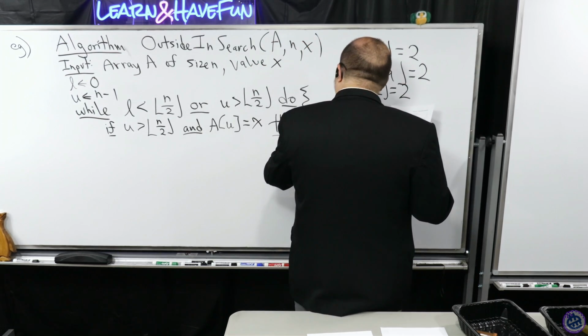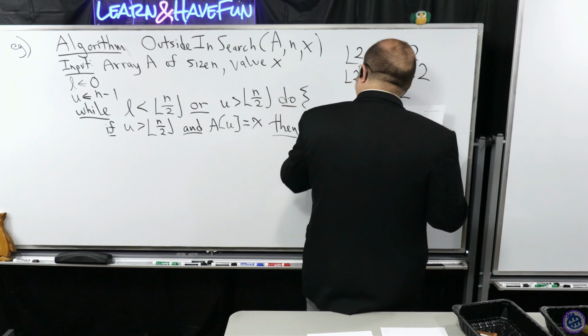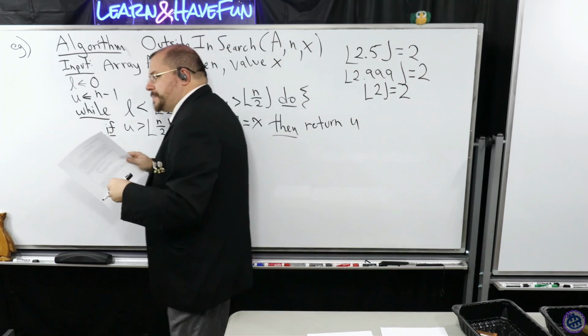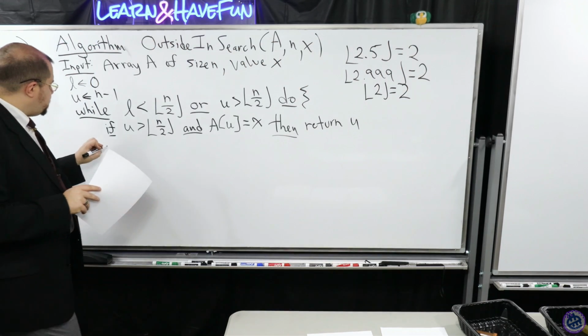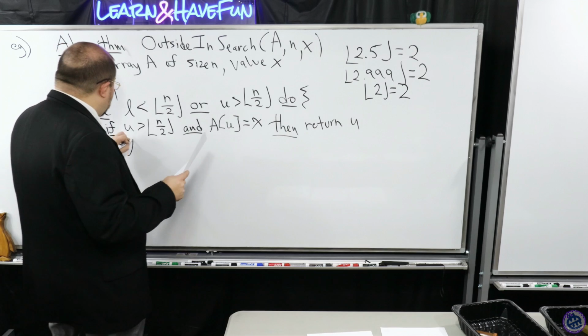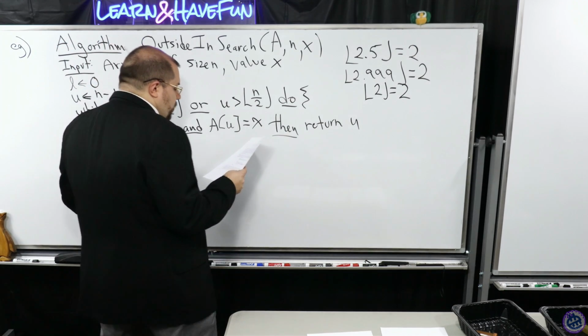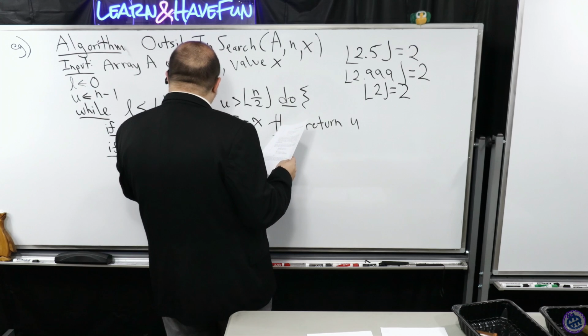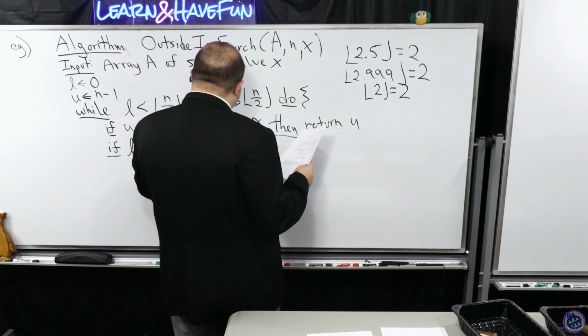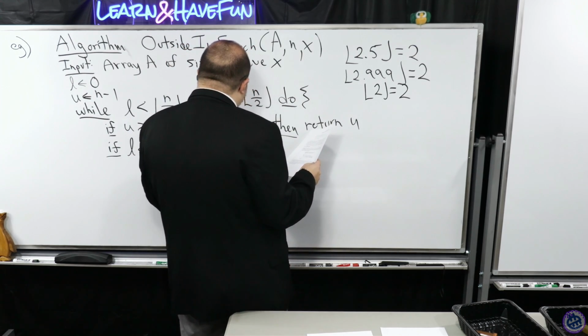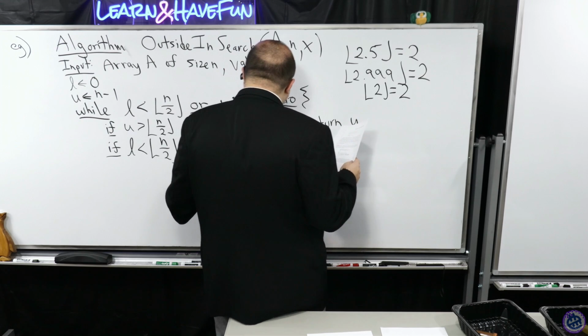Then we're going to return U, because we're going to evaluate that position. If L is less than n over 2 with the floor, we check the contents at the leftmost finger.